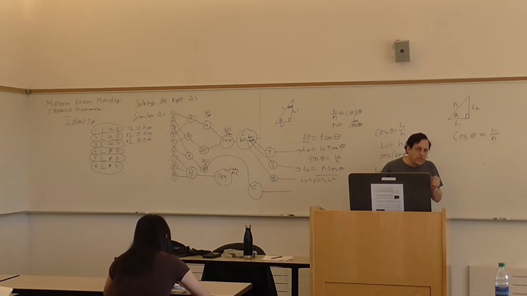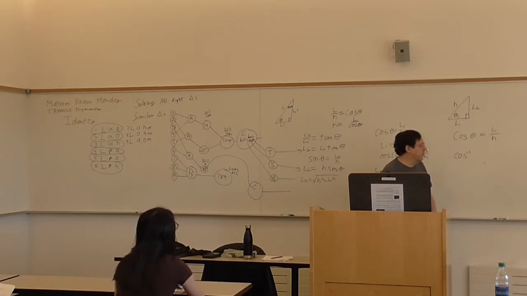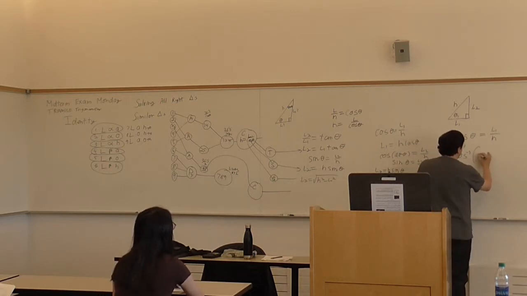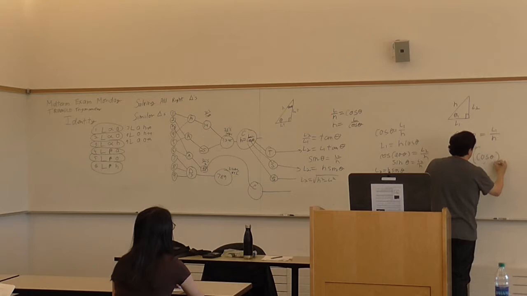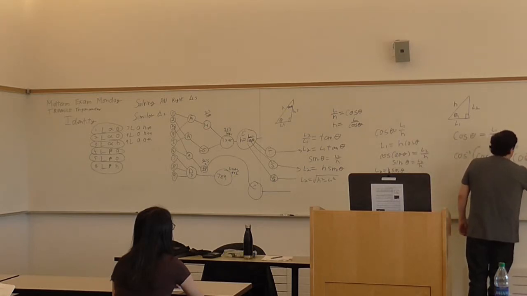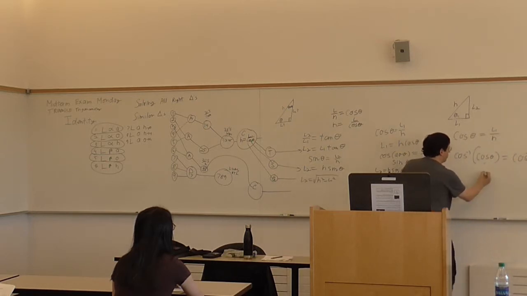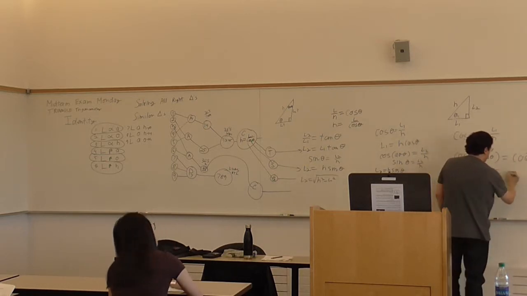Inverse, yeah. This is very similar to what we were doing with exponential functions and logs. We can take the inverse function of cosine on both sides. Well, this is just going to be theta, and there we have it.